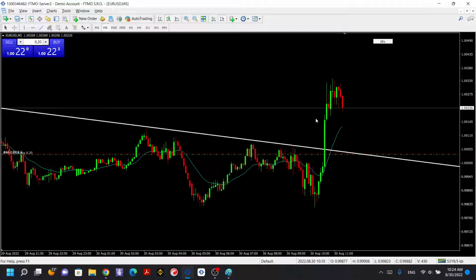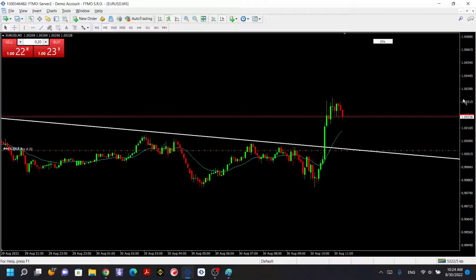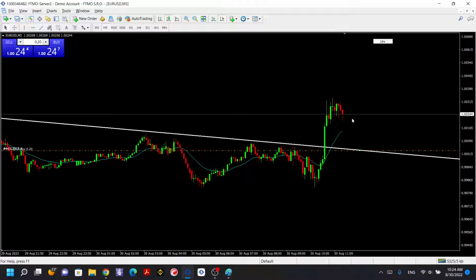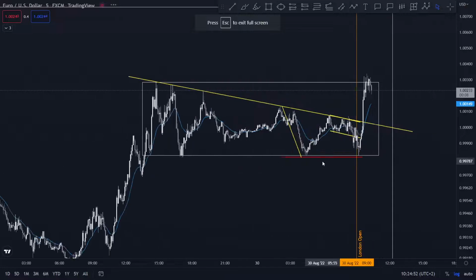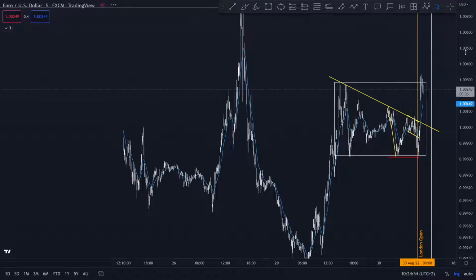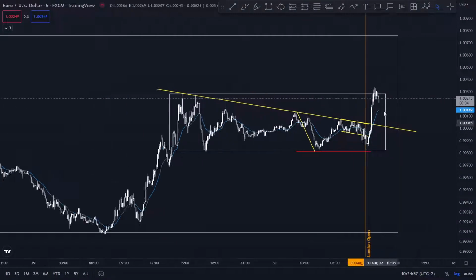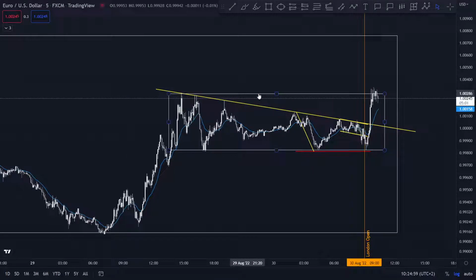I see this pattern here on the 5 minute time frame. Let me try to find something that looks similar. Yeah, so the market is also near the top of this small trading range.